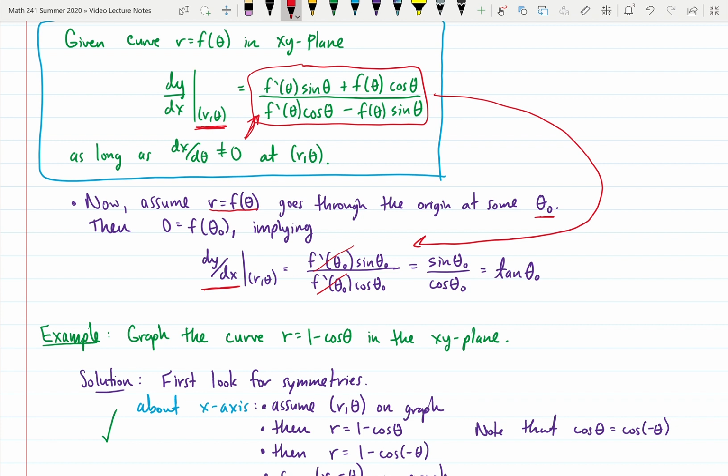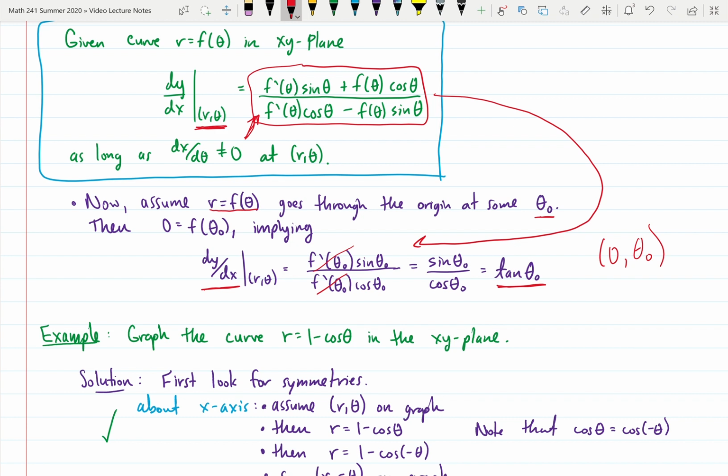And we're just left with sine of theta naught over cosine theta naught, which is equal to the tangent of theta naught. So if you have some theta such that when you plug it in to f of theta, you get that r is equal to 0, it means that the slope of the tangent line at that theta value, so at the point 0 theta naught, is going to equal tangent of theta naught.